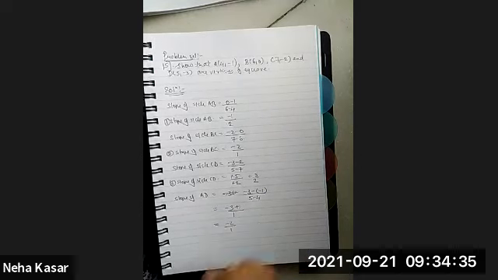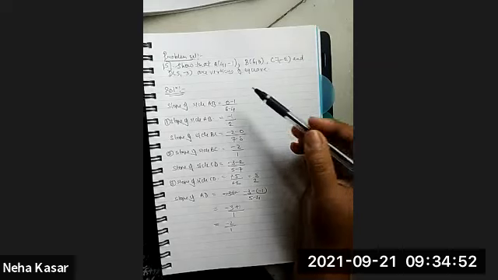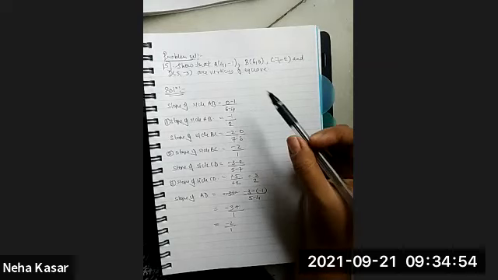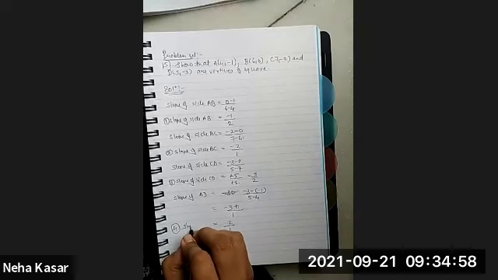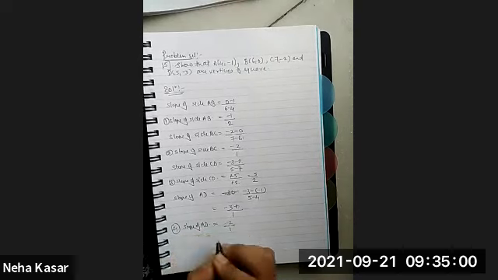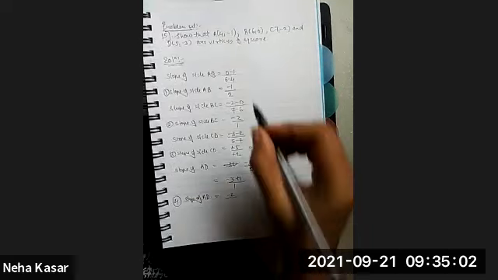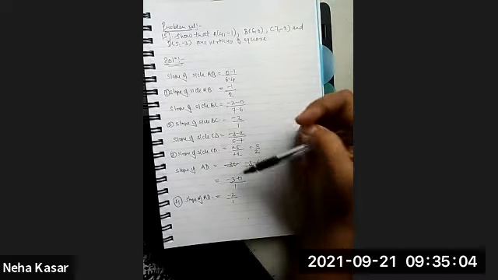So minus 2 upon 1. So you can check statements 1, 2, 3 and 4. You can check the slopes of first, second, third and fourth.